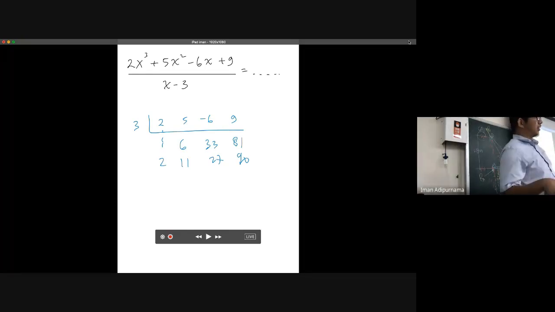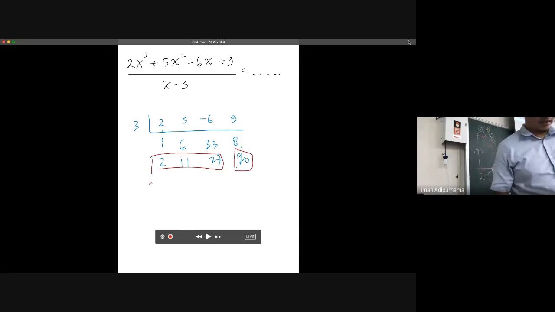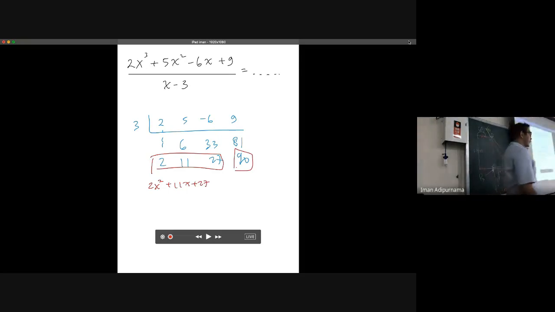But this way, less than 10 seconds. This is the remainder. This is 2x squared. Fast, right? I did it just by seeing the numbers and multiplying, adding.